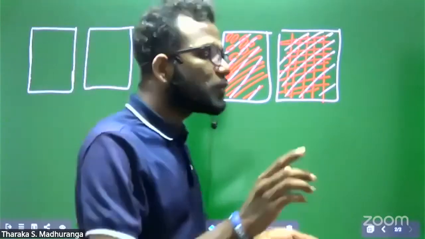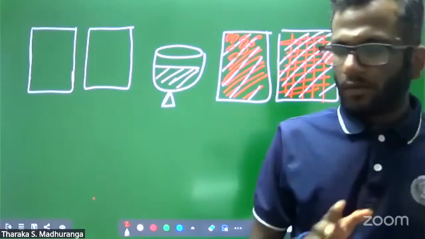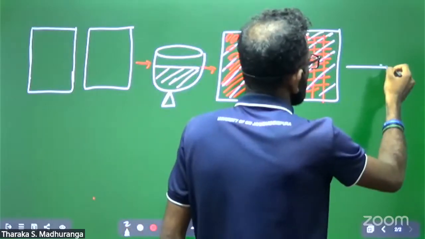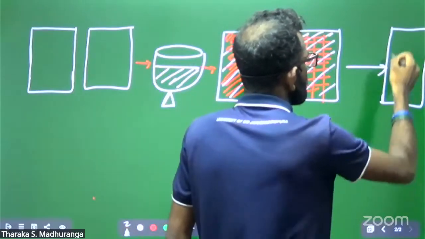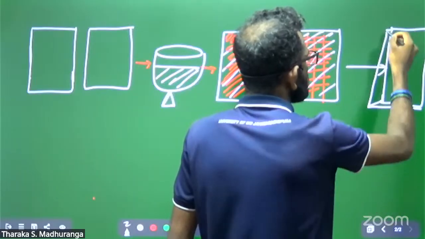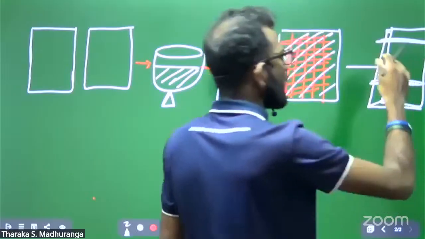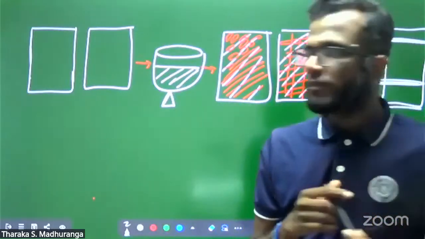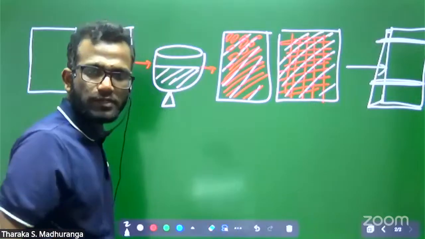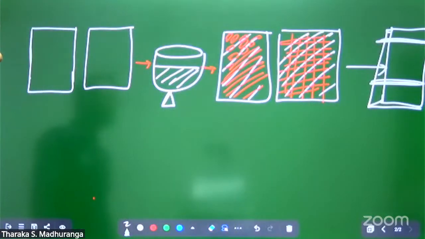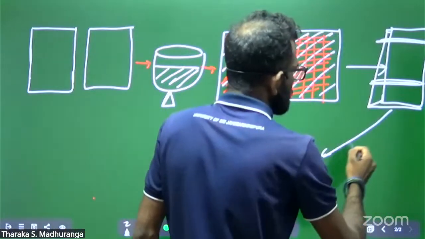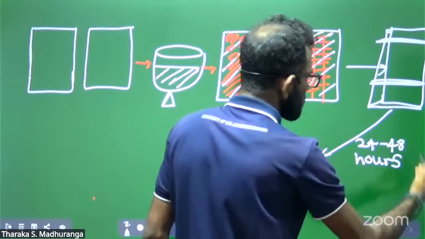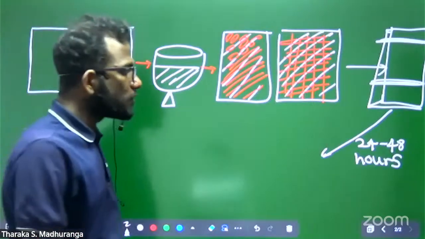We have to keep the pressure for 24 to 48 hours, tightening the two wax layers together. After 24 to 48 hours, what do we need to do?